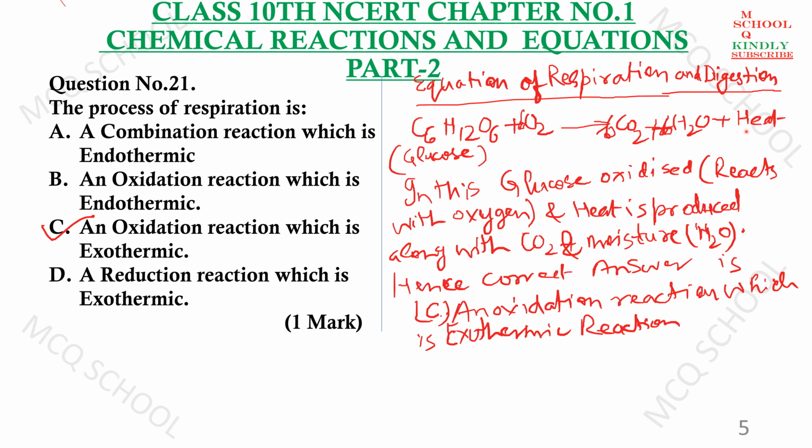In this the generation of heat is there, that's why it is exothermic, and because oxygen is used to convert glucose to CO2 and moisture, hence it is oxidation also. The answer is C, an oxidation reaction which is exothermic.